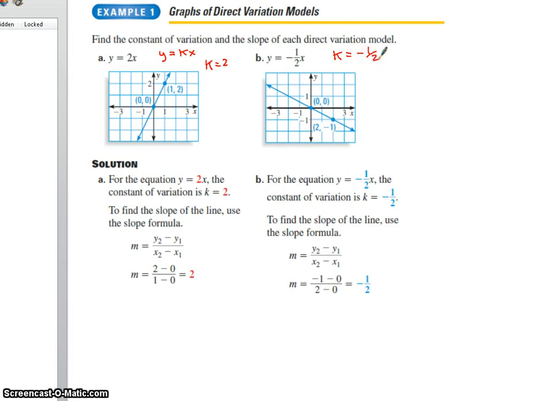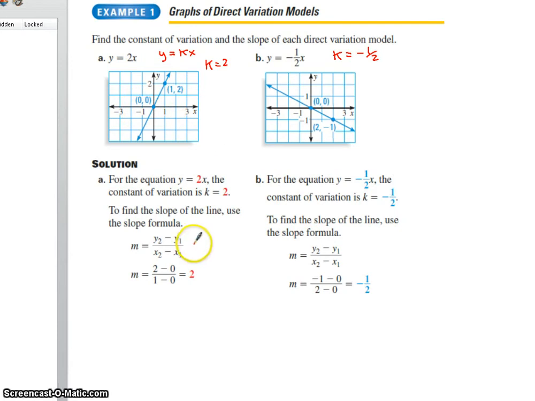But now it's asking us in the solution to find the slope of the line. To find the slope of the line when you're given 2 points, like 0, 0 and 1, 2 in this first one, we can use the slope formula.